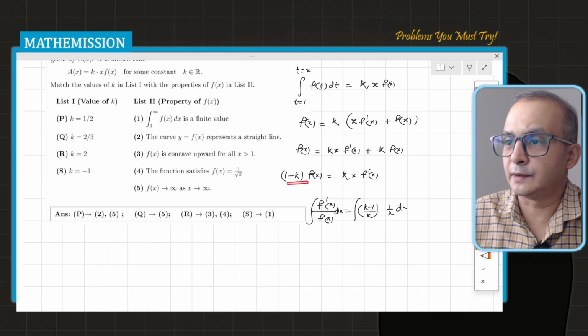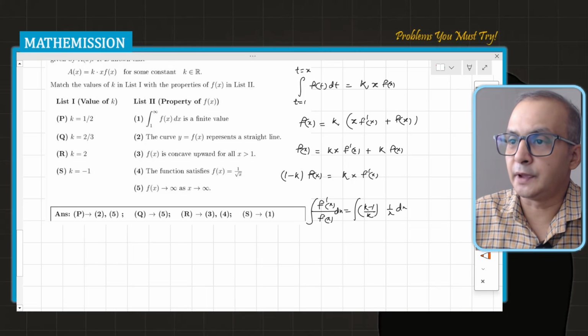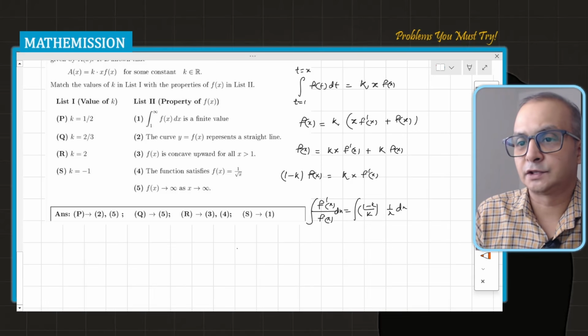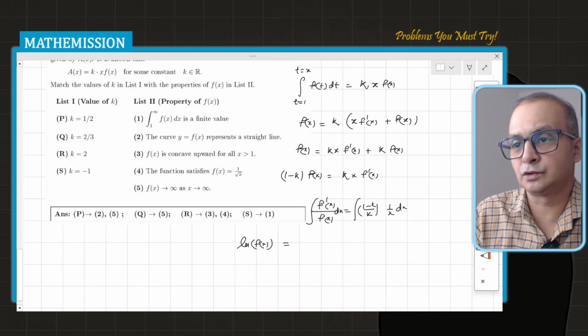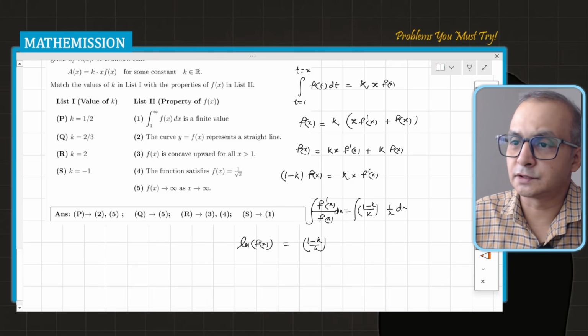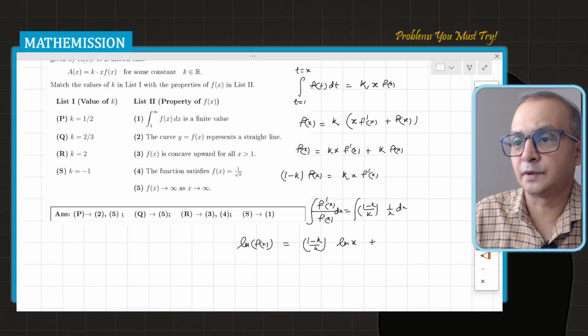I have written k minus 1, of course that's a mistake. So this is going to be (1 minus k) by k. Now this is going to be log of f(x) is equal to (1 minus k) by k times log x, plus c.